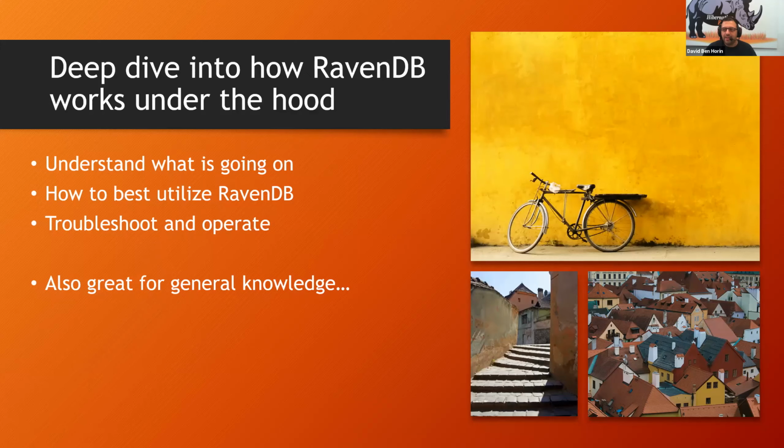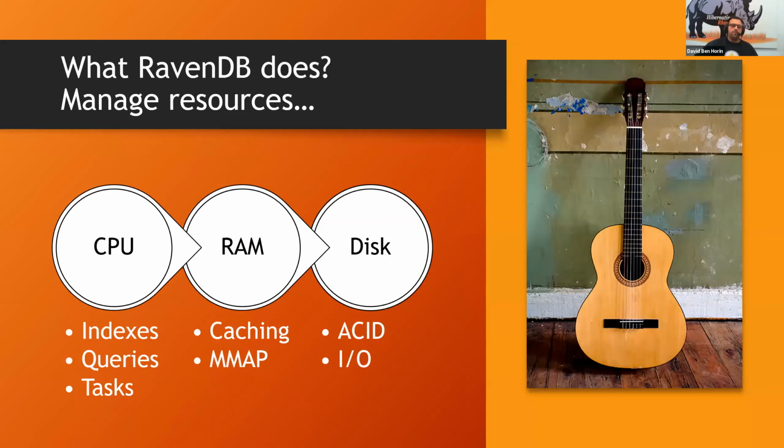So let's see what we're doing behind the covers, and that's going to help you to utilize RavenDB to the best possible extent. It's also going to give you some general information if you need to troubleshoot and operate RavenDB in production. So let's talk about what we're doing.